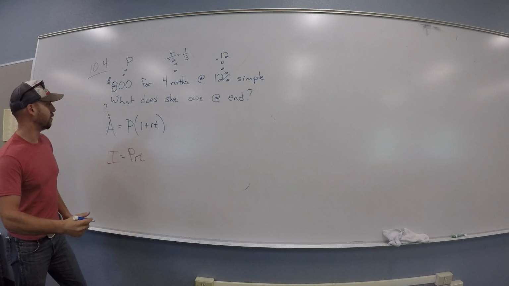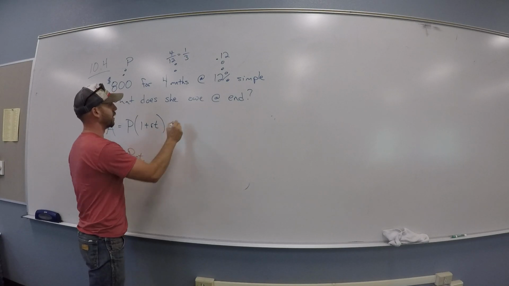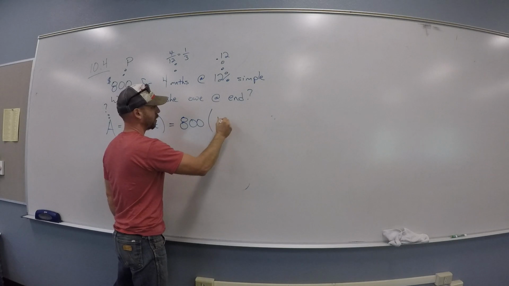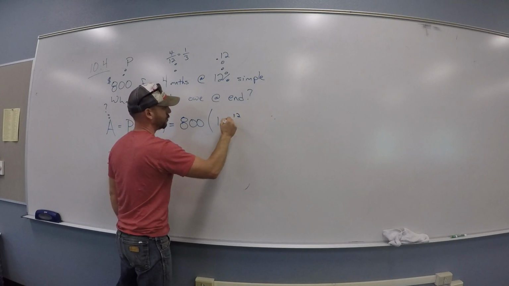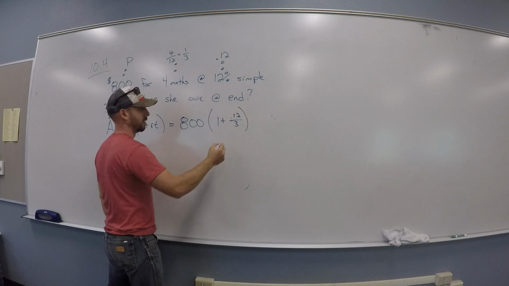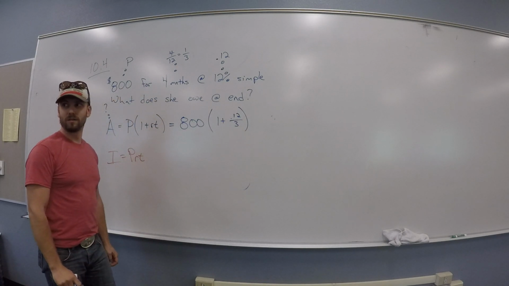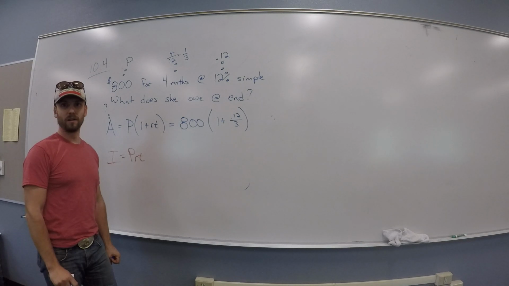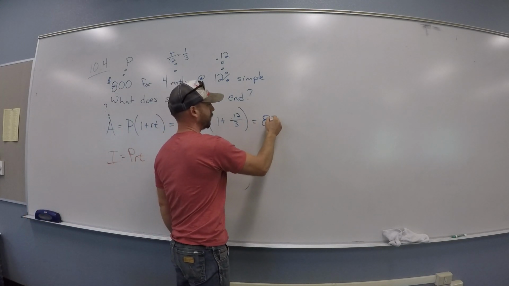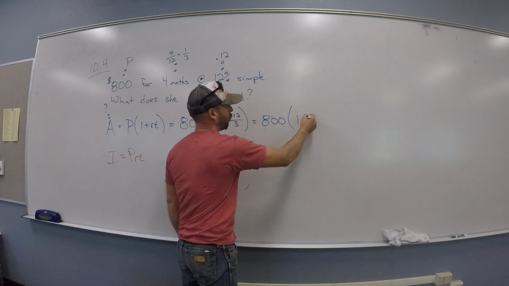Okay. So once I go in here, I know that I have 800 times (1 plus 0.12 divided by 3). You guys all with me on that? Which means I have 800 times 1.04.